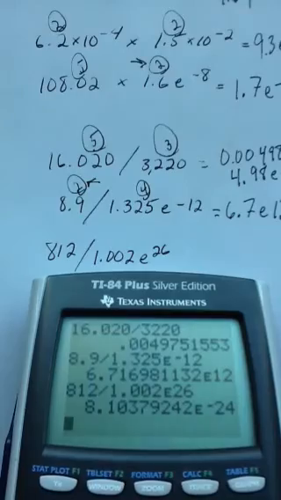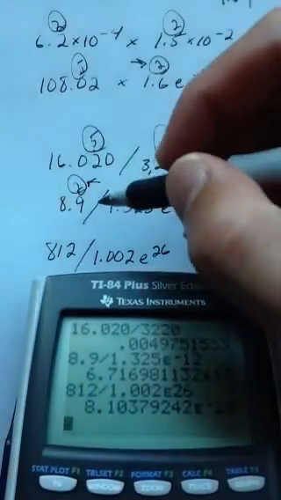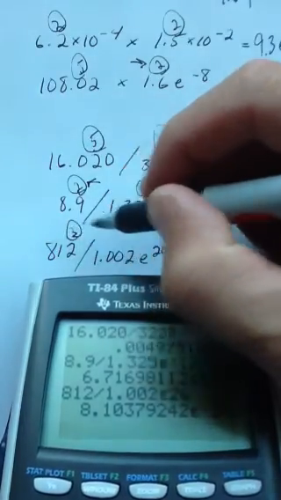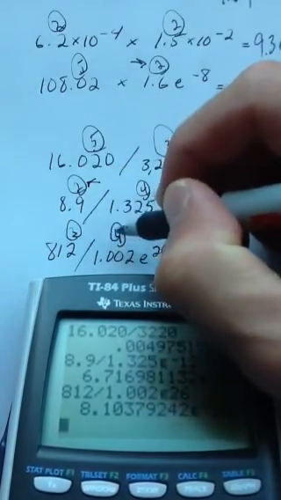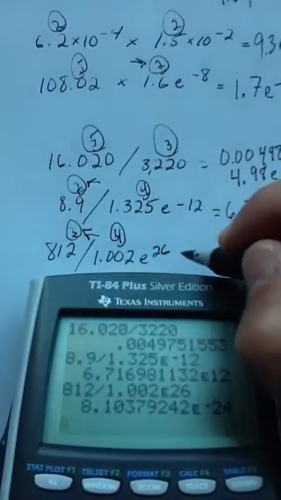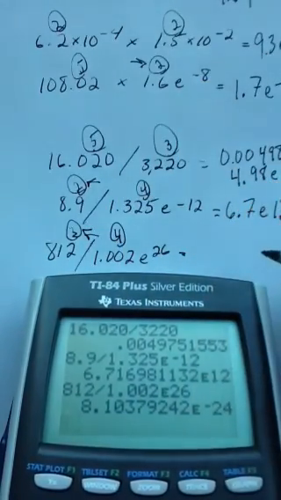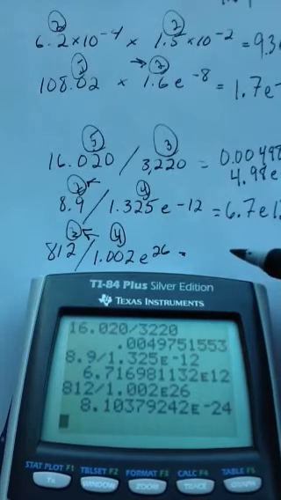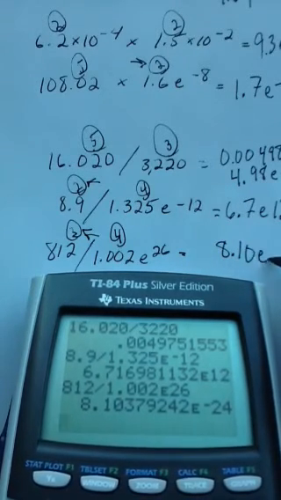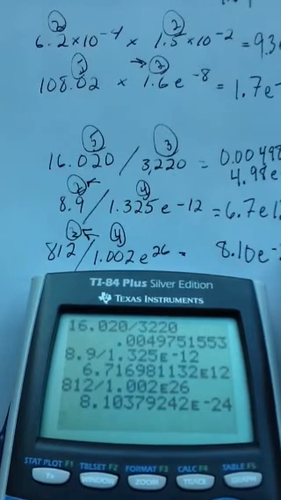So let's go back and see how many sig figs each of our answers has. This first answer has 3 significant figures. This one has 4 significant figures, so we want to go with the 3. If we do that correctly, 3 significant figures will be 8.10 e to the negative 24th.